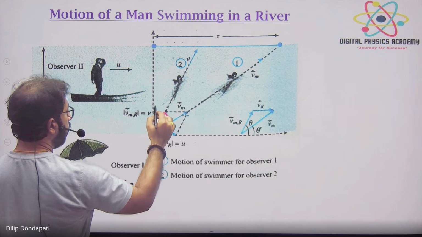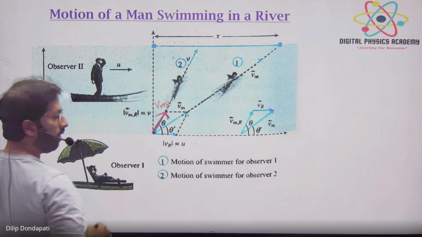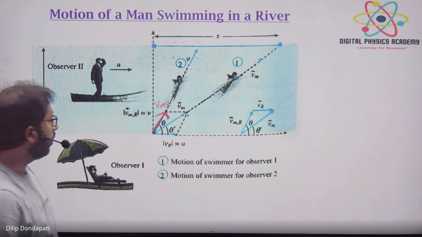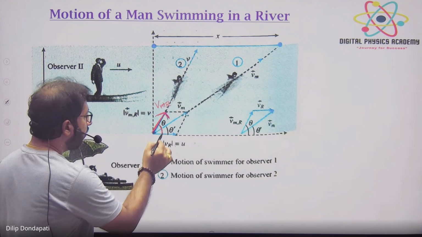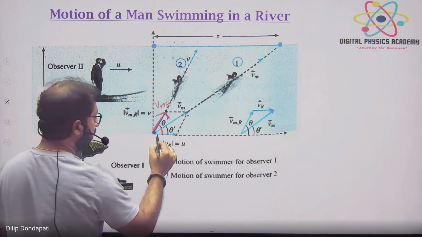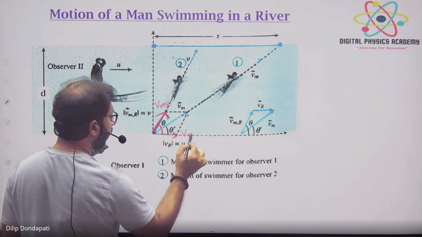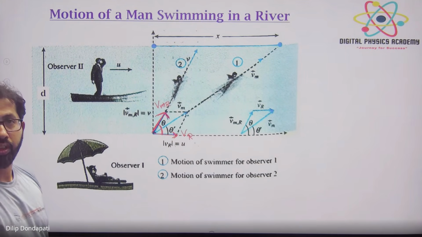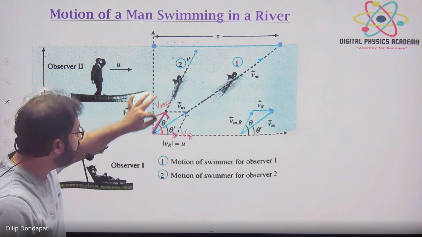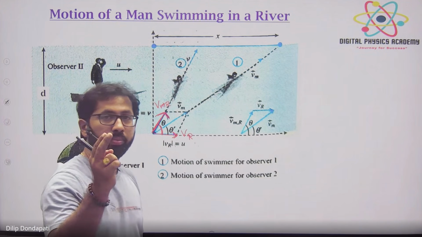I call velocity of man with respect to river, vmr, I am calling. Okay, with an angle theta. Okay, and river is flowing in this direction में, velocity of river को I call as vr, velocity of river. So initially he started swimming in this direction with an angle theta. Okay, now two observers are there.